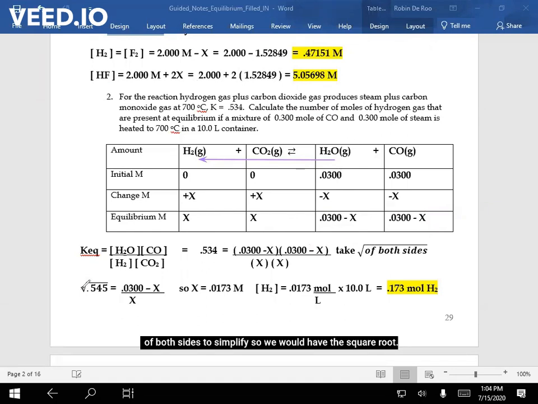So we would have the square root of the 0.534, and then if we take the square root of this, we get this. We solve for X, that is our molarity of hydrogen gas. We multiply it by our liters. Liters cancel, and we get moles.